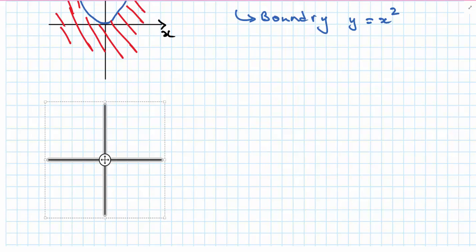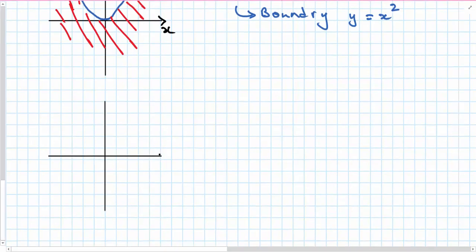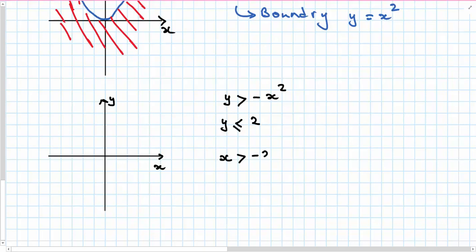What if the question asks for a region that satisfies multiple restrictions? For example, y has to be greater than, let's say, negative x squared, and y has to be less than or equal to, let's say 2, and x has to be greater than, let's say, negative 2.